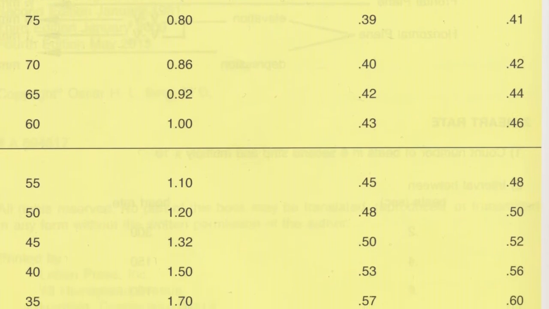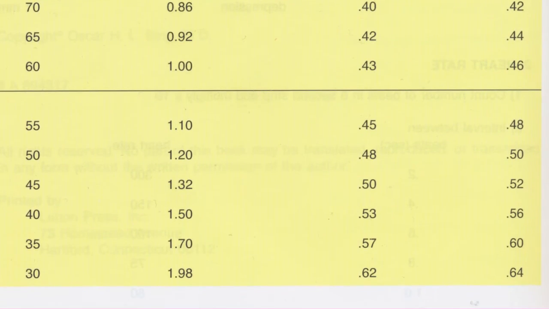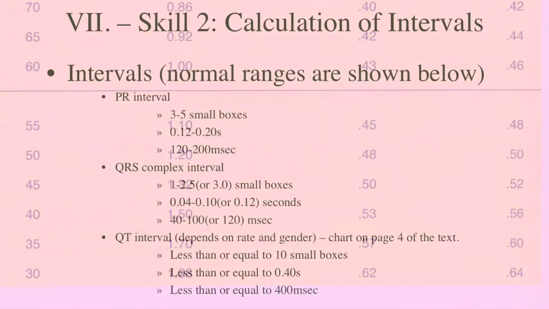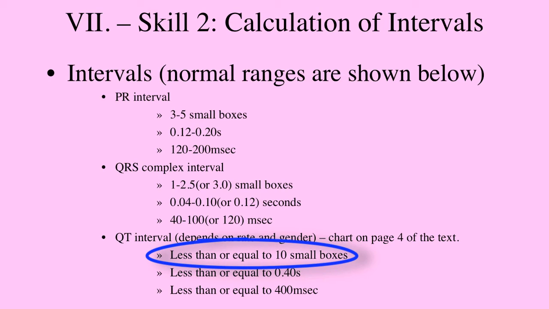And males and females have different QT interval normals too. So what I would do is look at page 4 and just see the trends on there, and not memorize the exact numbers. But what you should memorize is that in general it should be less than 10 small boxes, and then the times on that too. We'll be talking later in the course about long QT intervals that can be problematical.